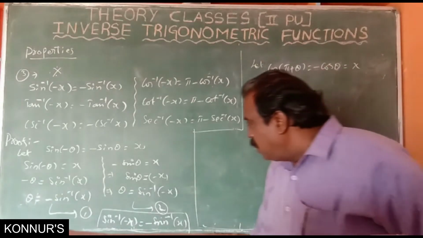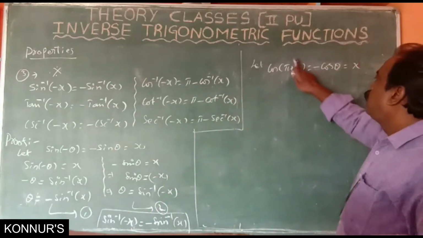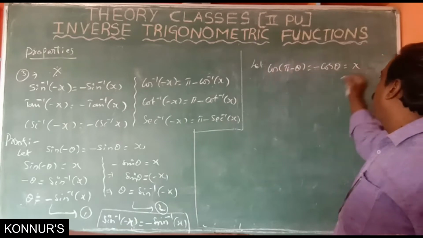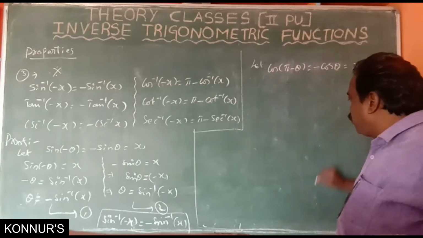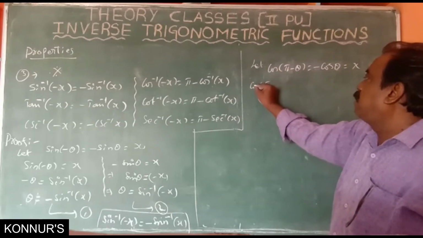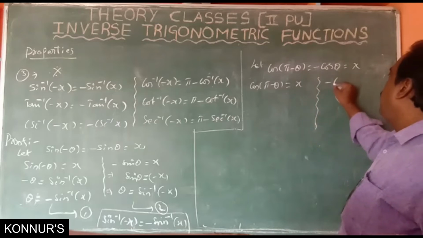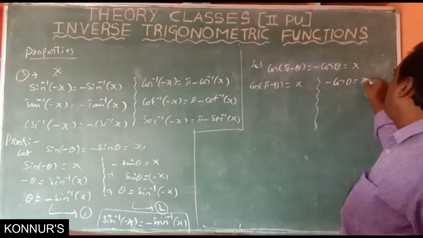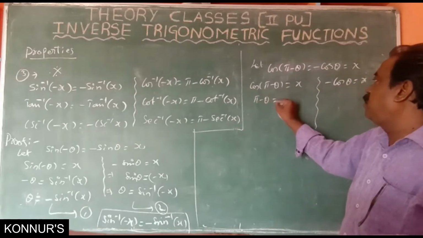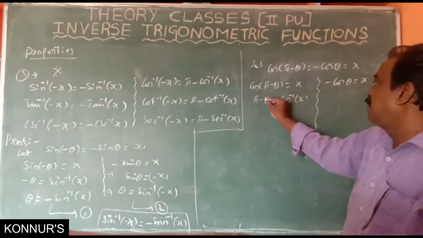Okay now? Now, observe. So here it is minus. Will you agree? As usual, cos of pi minus theta is equal to x and minus cos theta is equal to x. Here pi minus theta is equal to cos inverse x.